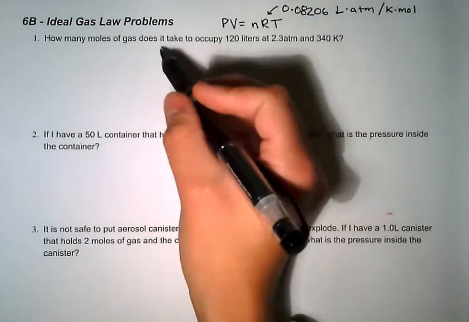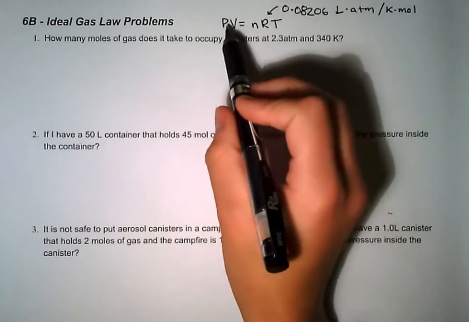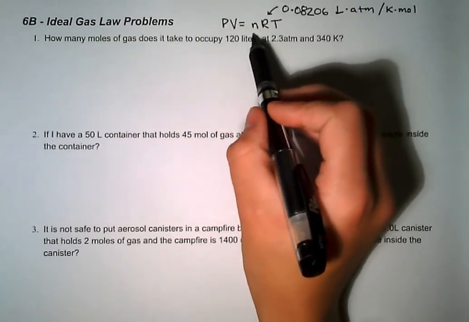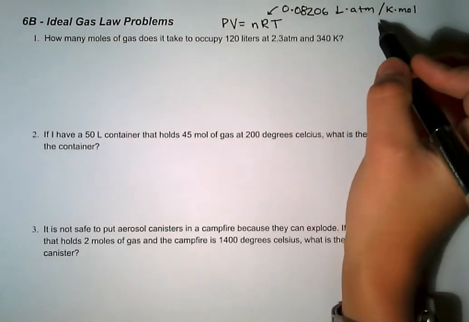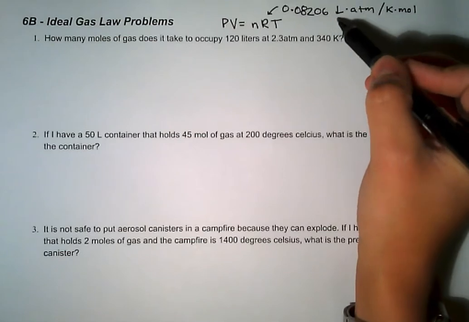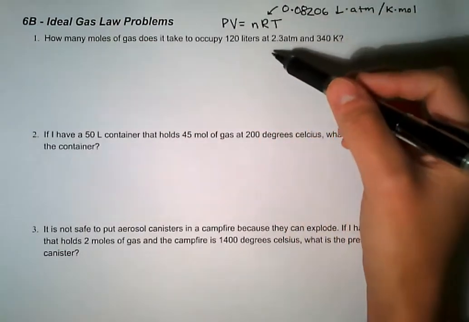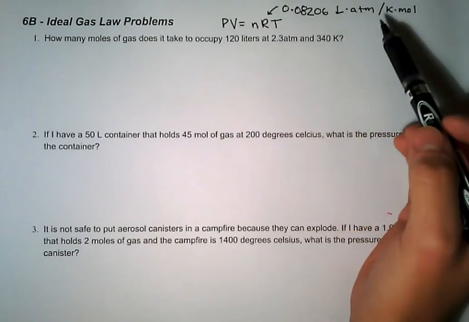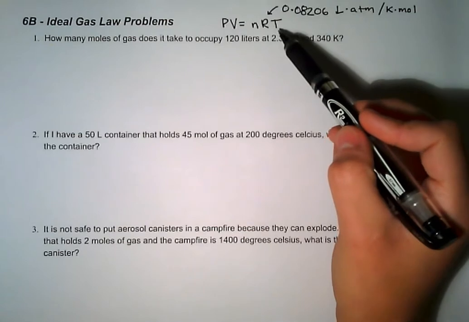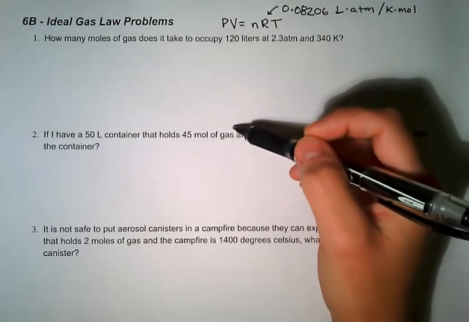So when you do your problem, you need to make sure that the units you are using for your pressure, volume, temperature, and number of moles match the units given in the ideal gas constant. If your volume is initially in milliliters, you need to convert it to liters before you use PV equals nRT. If your temperature is given in degrees Celsius, then you need to convert it to Kelvin before you use the ideal gas law. So just something to note moving forward.